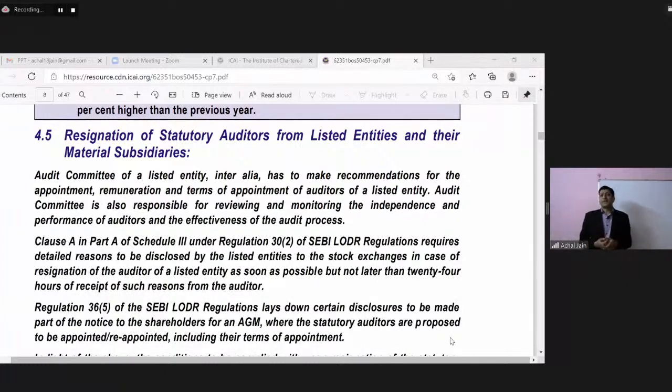In respect of many listed companies, let's suppose there were problems in their financial reporting, which the auditor may have understood. The auditors just immediately decided to resign instead of reporting that matter in the audit report.